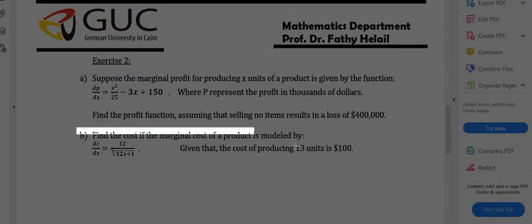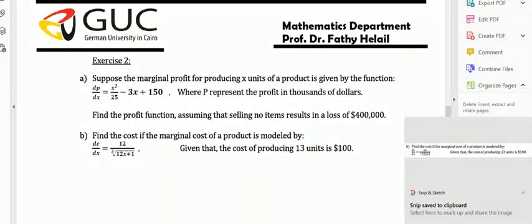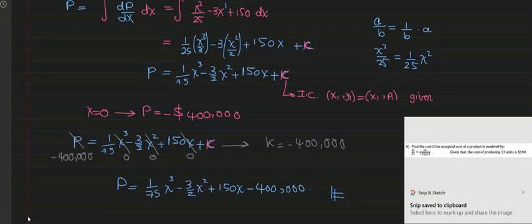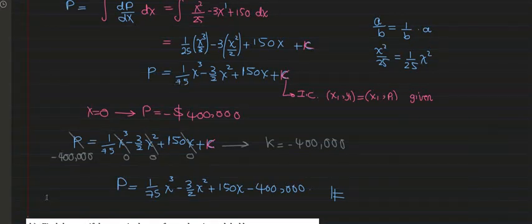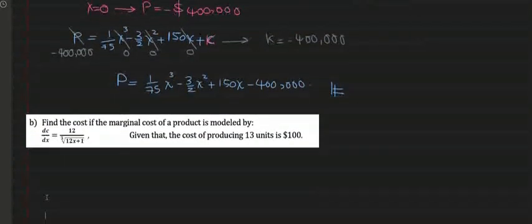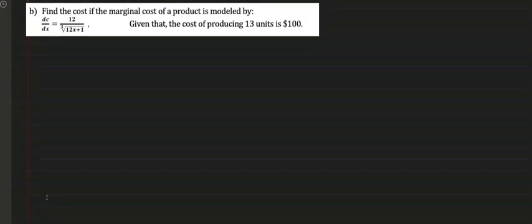In part B, we need to find the cost if the marginal cost of a product is given. So again, we need to find the cost given that the cost of producing 13 units is 100.